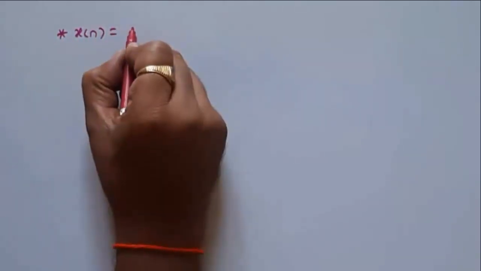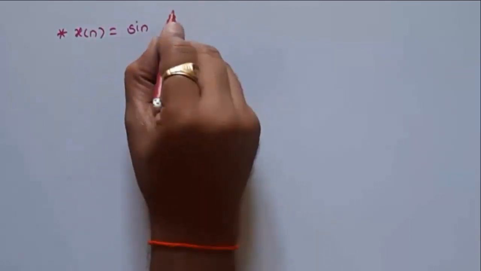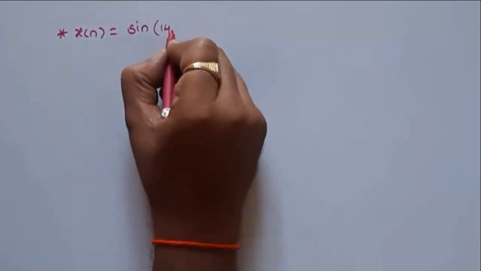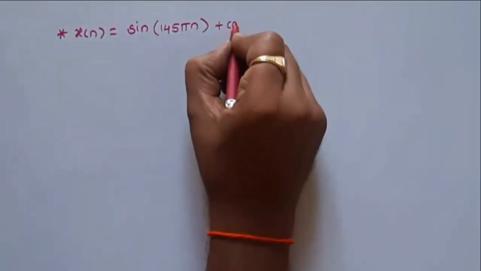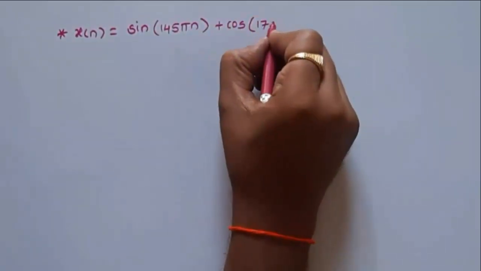Next example, x of n is equal to sine 145 pi n plus cos 170 n.